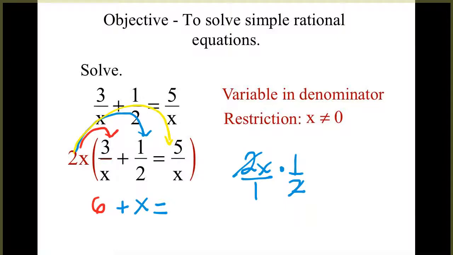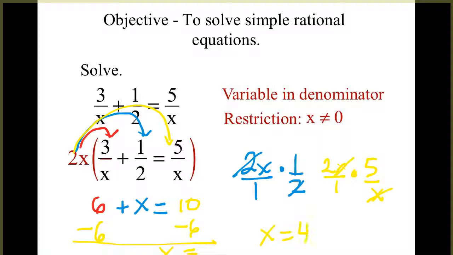So now I'm doing 2x over 1 times 5 over x. My x's cancel out, and I'm left with 10. All right, now I have a one-step equation. All I have to do is solve for my x.